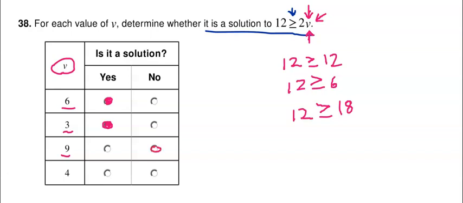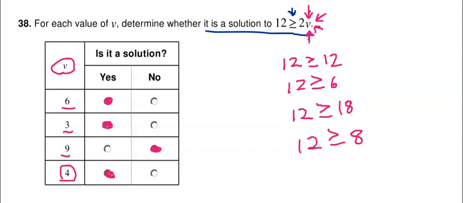No. So the answer to this one would be no. And then the last one, we're going to look at the 4. Put the 4 in for v. 2 times 4 is 8, right? So then we have 12 is greater than or equal to 8. So is 12 equal to 8? No. Is 12 bigger than 8? Yeah. So this one is yes.